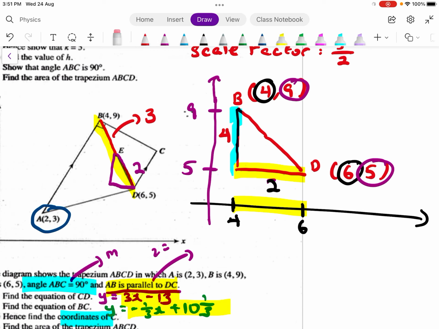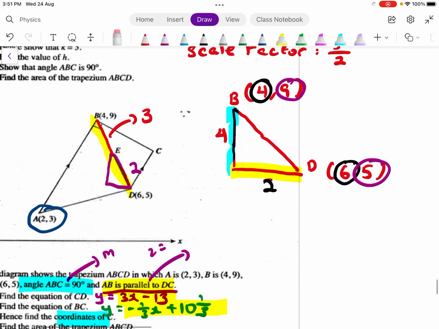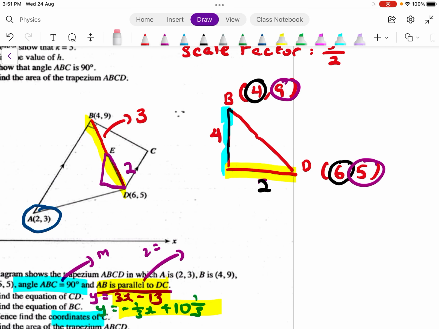Now I erase all this first. We know that the height is 4 and the base is 2 for the big triangle. Now I go back to the small triangle. First I find the scale factor, second I find the base and the height.